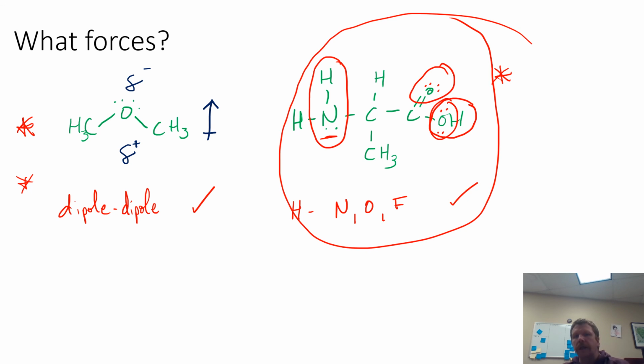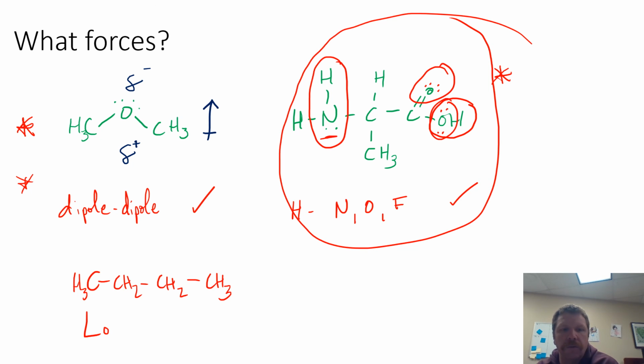Then look and find out if it is a polar molecule, because it might still be a dipole-dipole interaction. So if you have something like this, we've got a bunch of carbons and hydrogens. We don't really have a pole to that, so that's not going to be a polar molecule. And so this is going to be held together by London forces.